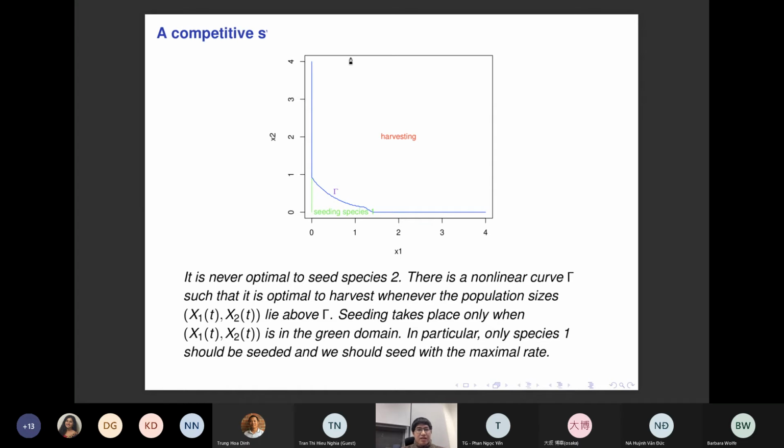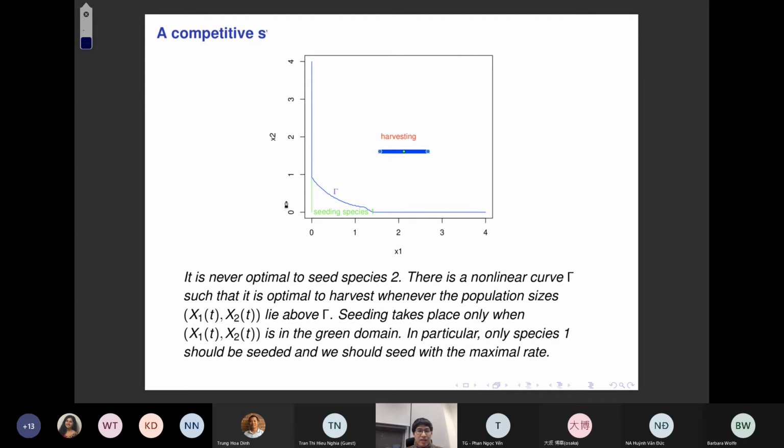This graph tells us the domain of harvesting, seeding, and doing nothing. There is a curve, the gamma curve. If the population is above the gamma curve, in this part we harvest. If the population is below it, then we seed or we don't do anything.